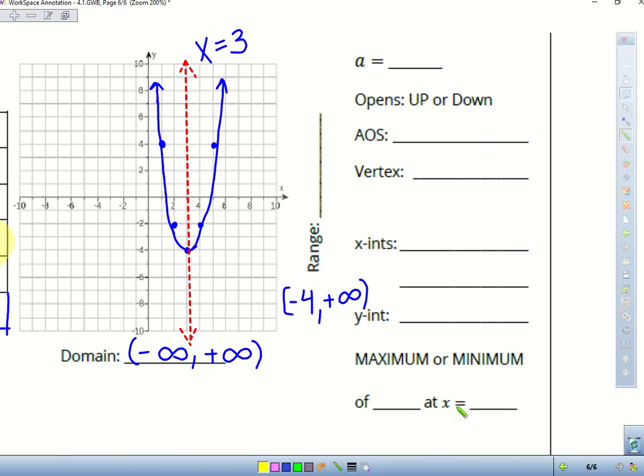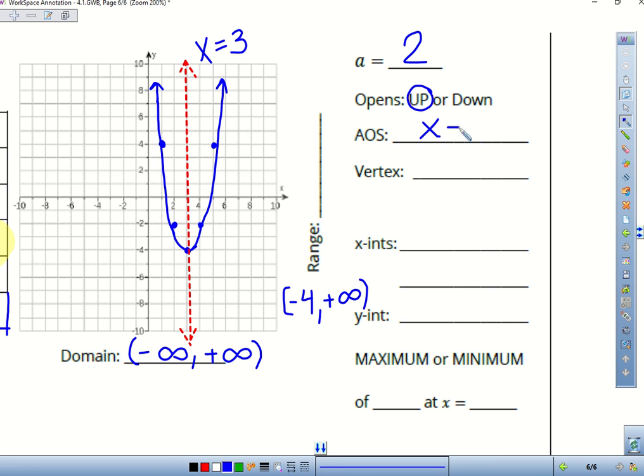Now that we have that, we're going to go ahead and identify the key features. What did we say the a value was here? 2. Good. It opens up. Axis of symmetry we found earlier. Vertex, same thing. Vertex is 3, -4.